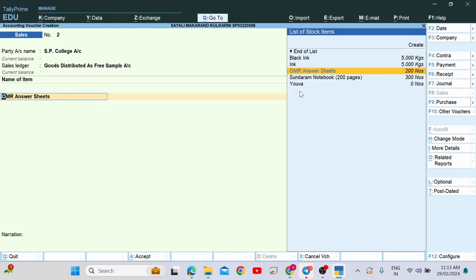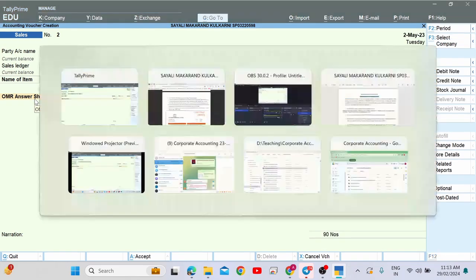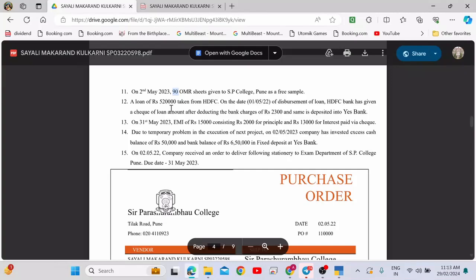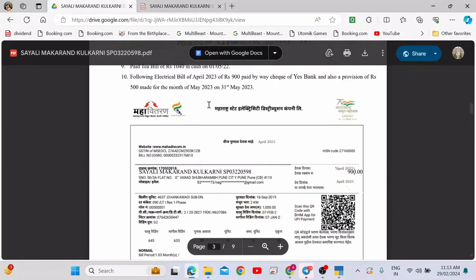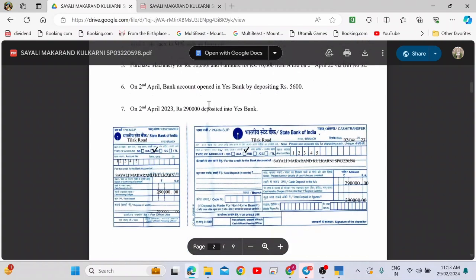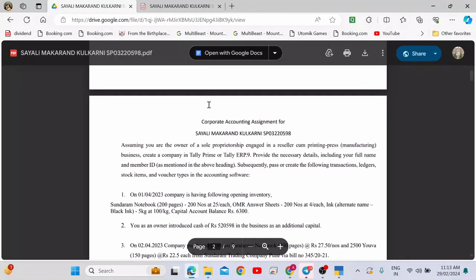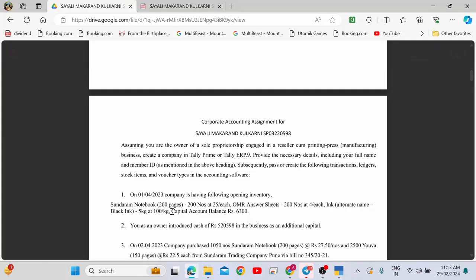For the first time we are giving goods distributed as free sample OMR sheets, therefore we will not get the rate here. Then how will you get the rate? In the tally or in the project, somewhere you can check the rate of OMR sheets. Till now we have not produced anything, but we have OMR sheets in the opening balance.